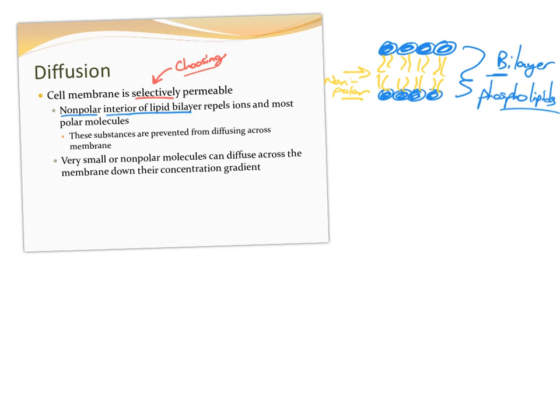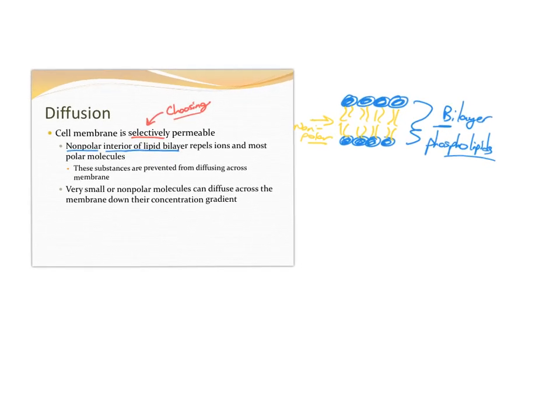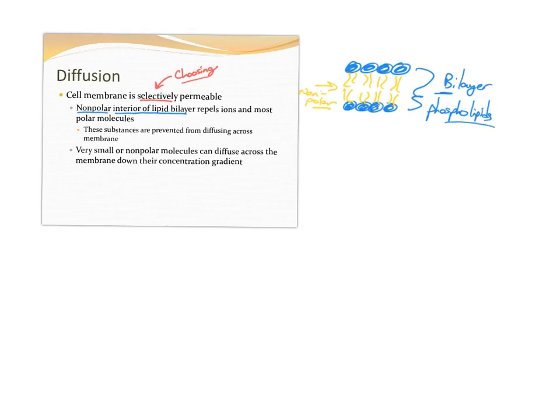All right. These substances are prevented from diffusing across the membrane. This bilayer stops things from crossing the membrane. And so here's a question for you. Let's say I had two cells, cell 1 and cell 2. They both have phospholipid bilayers, right?